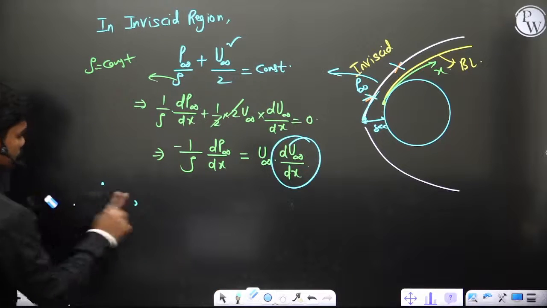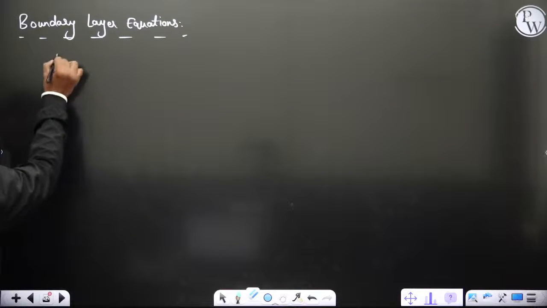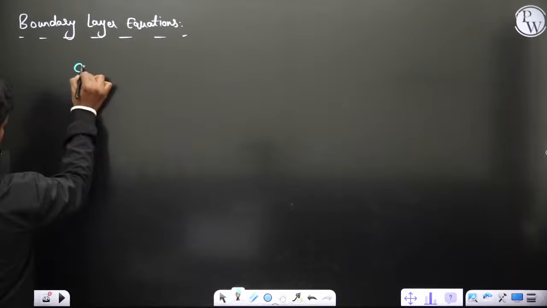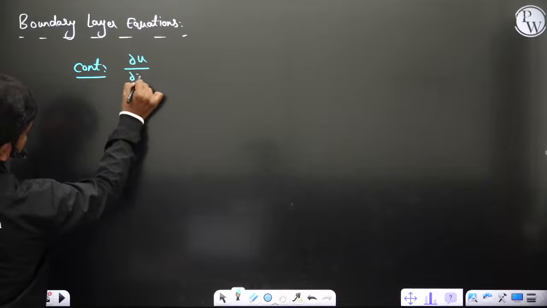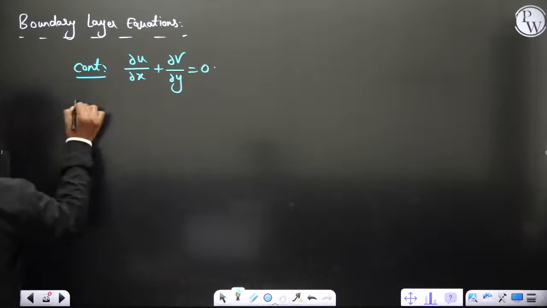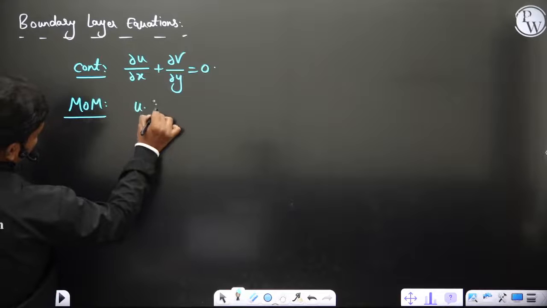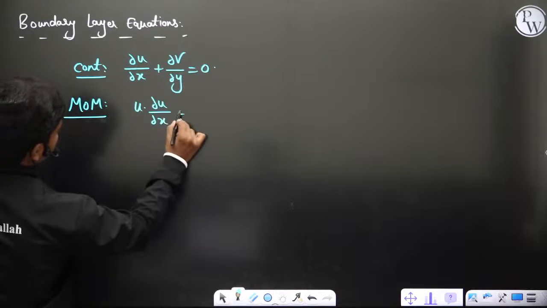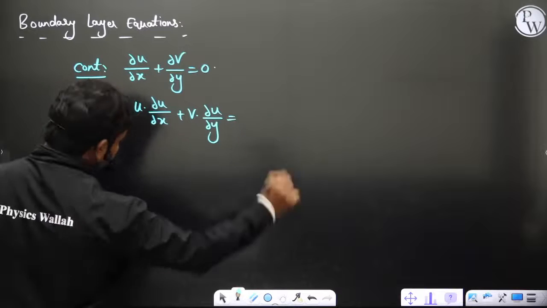So why am I telling you this? When you are writing boundary layer equations, your continuity equation comes as dou u by dou x plus dou v by dou y is equal to 0, and the momentum equation gets converted to u into dou u by dou x plus v into dou u by dou y is equal to minus 1 by rho dou p by dou x.